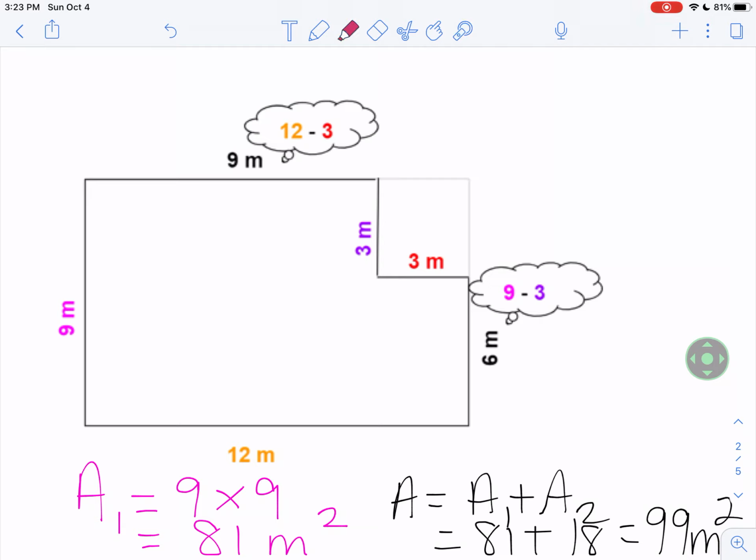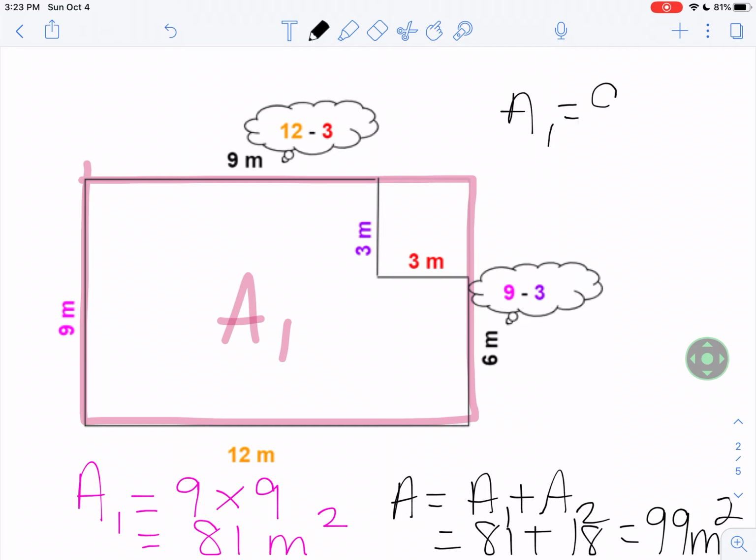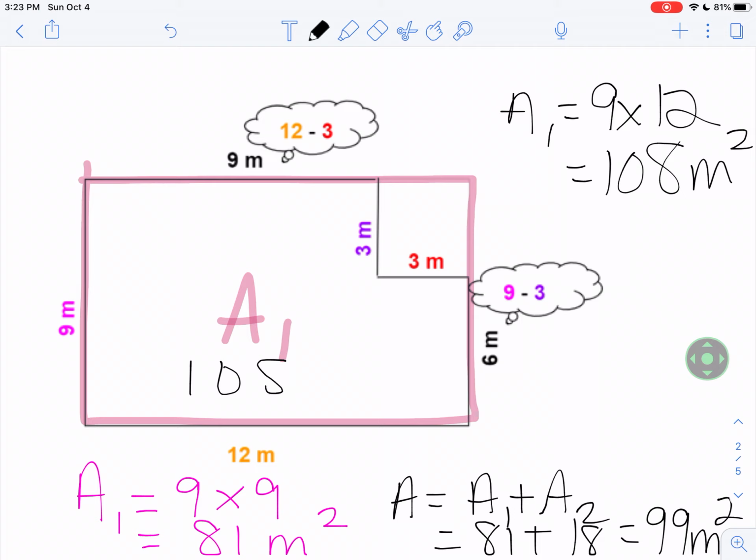Let's highlight this big rectangle, and we're going to call that area 1. So area 1 is 9 times 12, which is 108 meters squared.